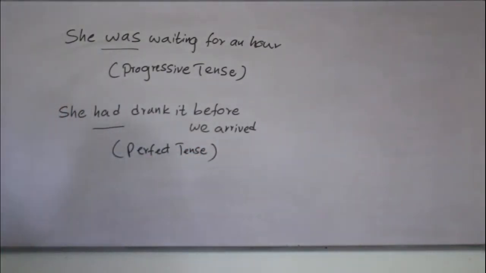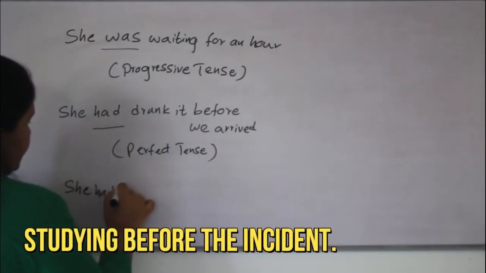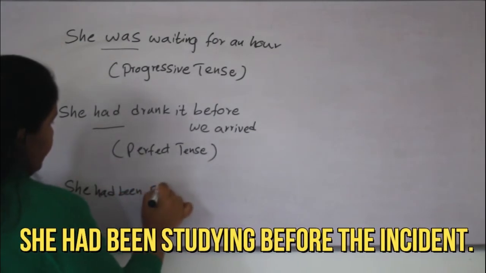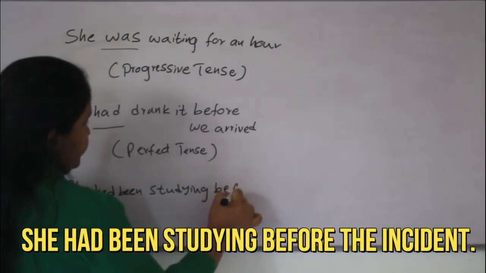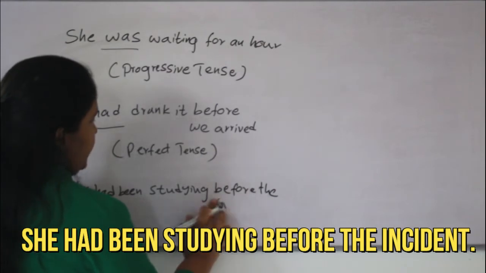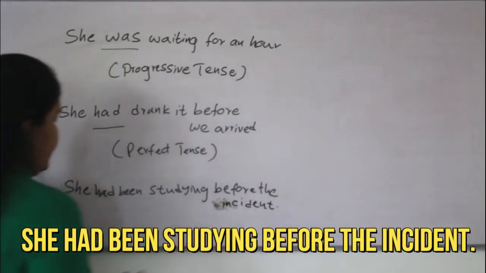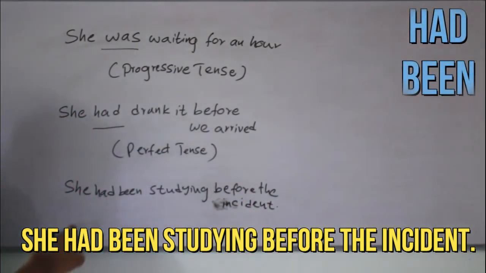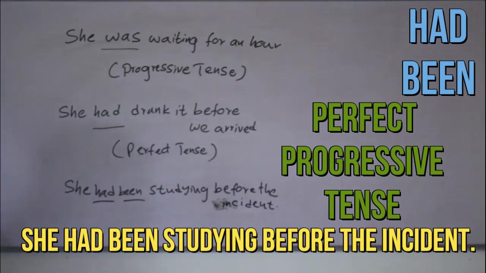Next example. She had been studying before the incident. In this sentence, the auxiliary verb had and been helps to form the perfect progressive tense, which is the tense used for expressing an ongoing action's completion.